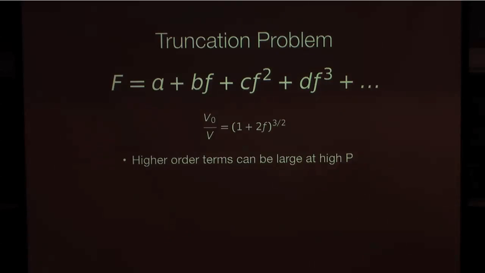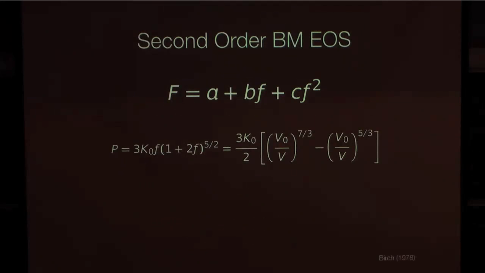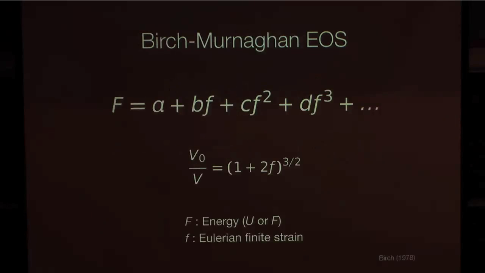Is it simple to understand how we go from that Taylor series to getting an exponent of 3/2? Oh, yeah, that's because of the relationship between little f and the strain, which is related to the exponent.